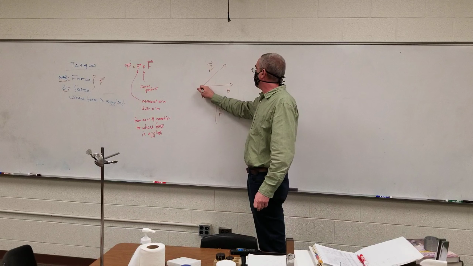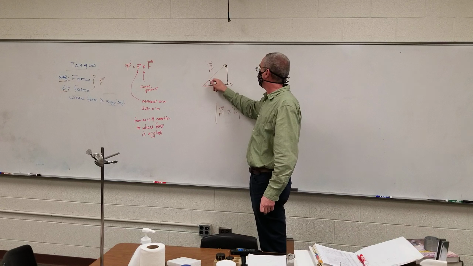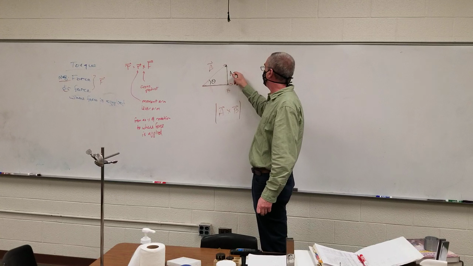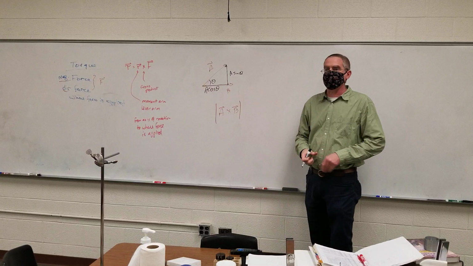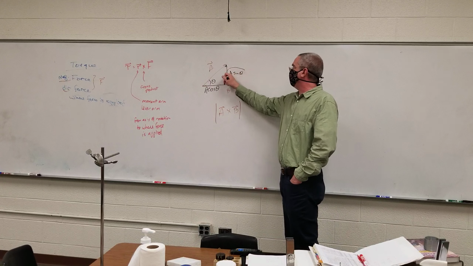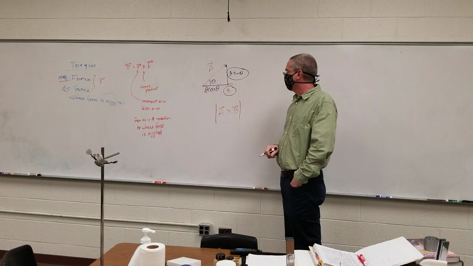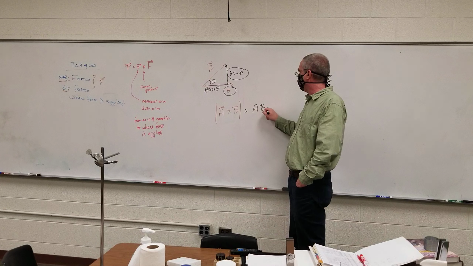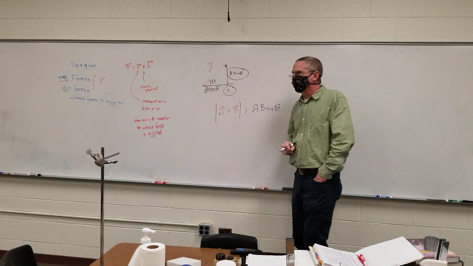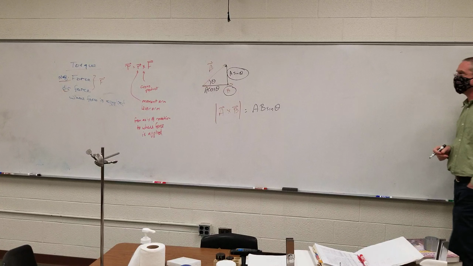I take one of them and break it up into components, so break A up into components. This angle here is theta, so this is A sine theta and A cosine theta. And then I multiply the parts that are perpendicular to each other. I multiply A sine theta times B. So this would be AB sine theta, unlike the dot product, which would be AB cosine theta.